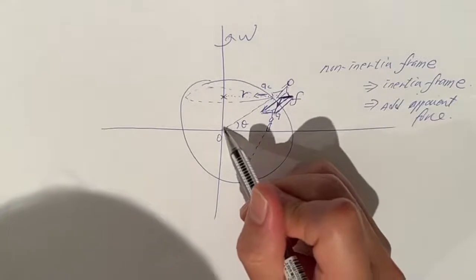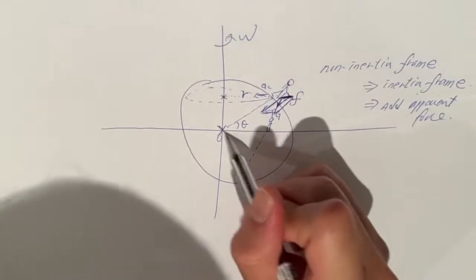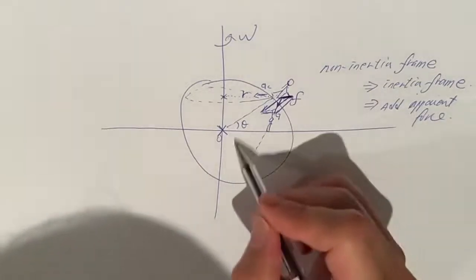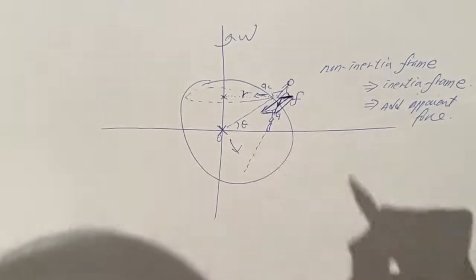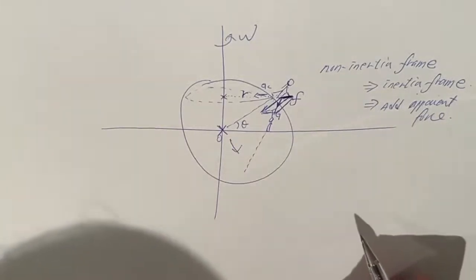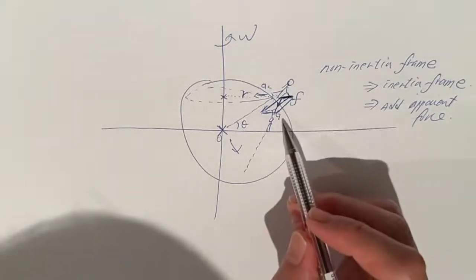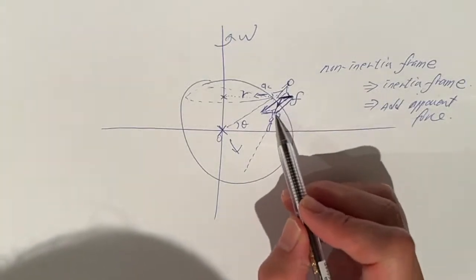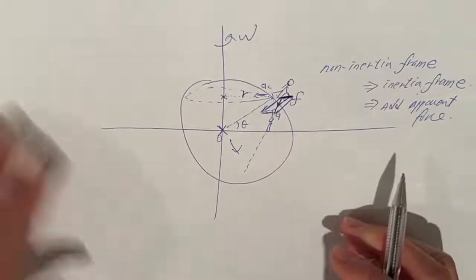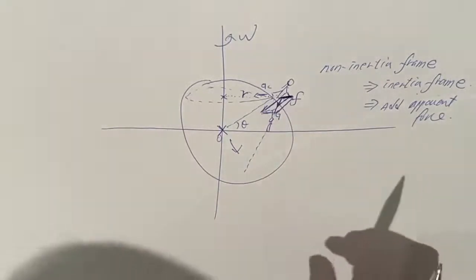It is not pointing exactly through the center of the Earth. It is slightly different, downwards, as you can see. So I will not do the mathematics about how to calculate the value of this g. You can use the cosine law to do it.